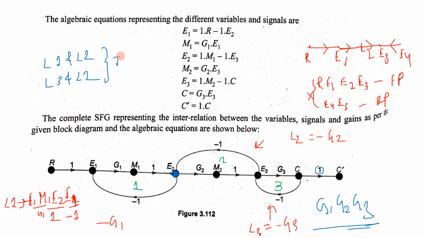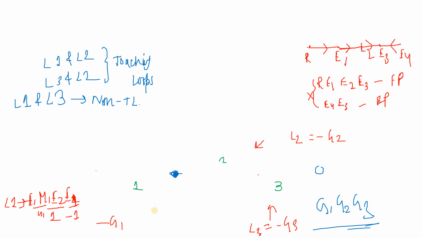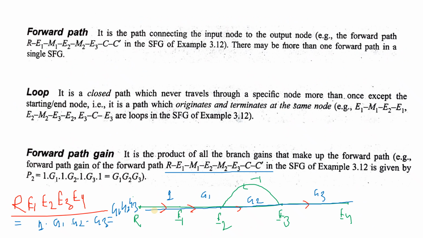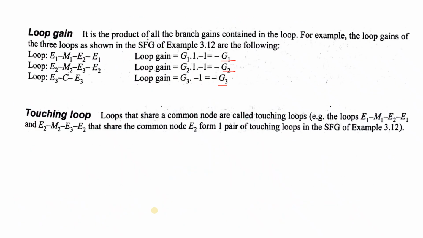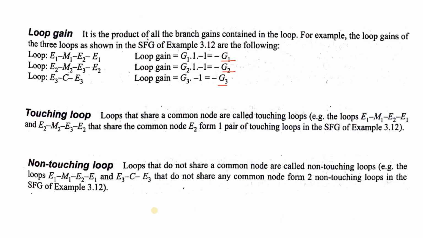Then loop 3 and loop 2 are also touching, isn't it? They are touching loops. But loop 1 and loop 3 are non-touching loops. Why? Because they do not have any node in common.